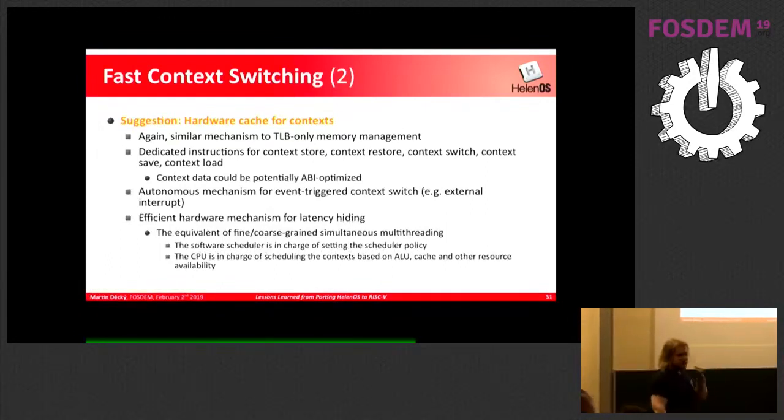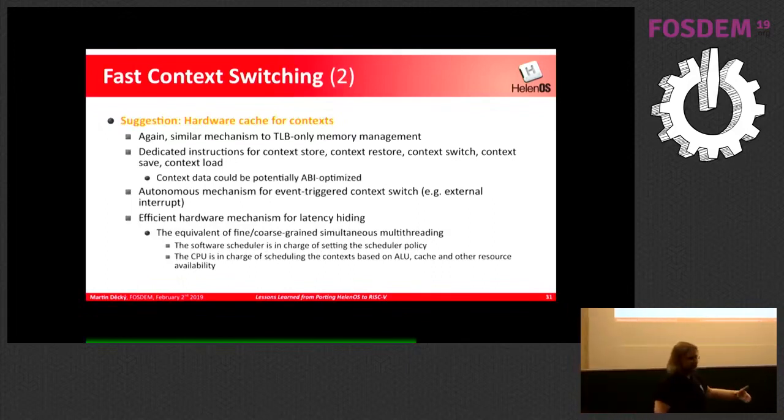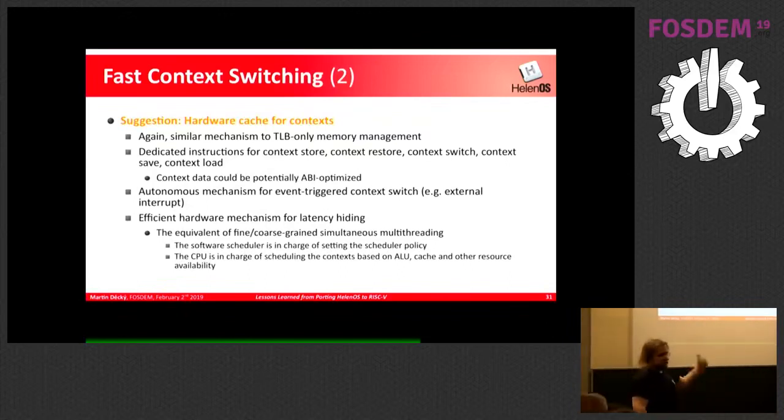This could possibly be optimized for the ABI, because you don't necessarily need to save all the registers in all cases. And it would also help if combined with some autonomous mechanisms, for example, triggering the context switch by some event like an external interrupt. This could again eliminate the round trip to the kernel and doing the context switch in software.